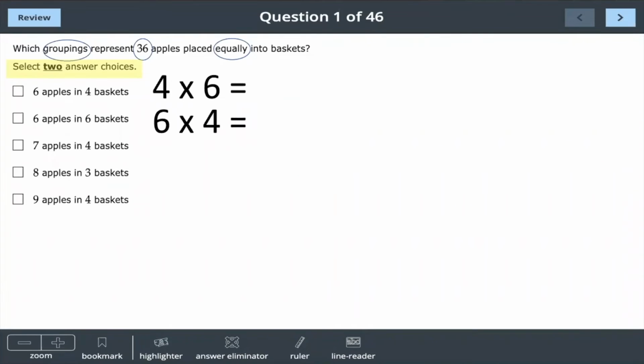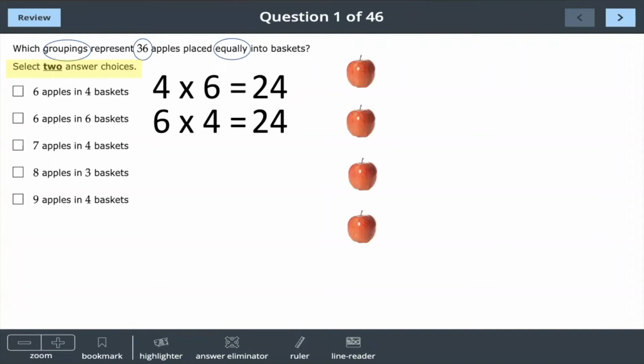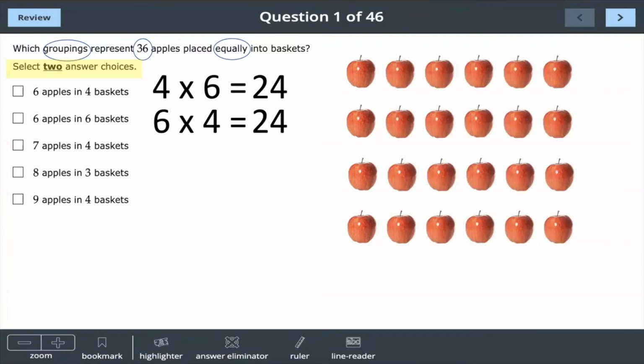Both will give us a product of 24. Another strategy I can use to solve the problem is to create a model. I can draw an array with 4 rows, and in each row, it will have 6 objects.